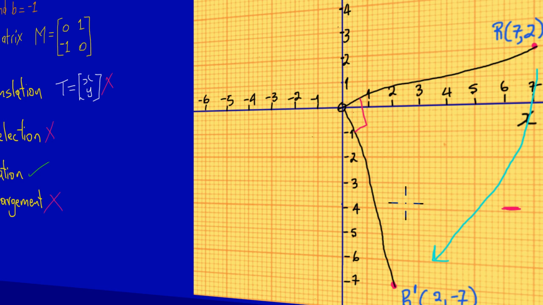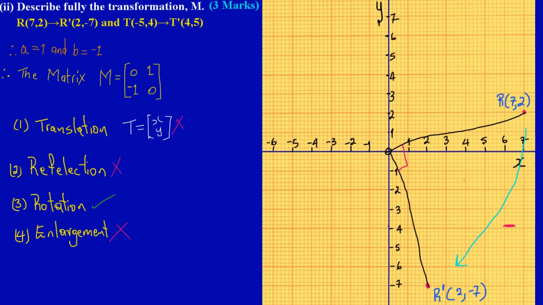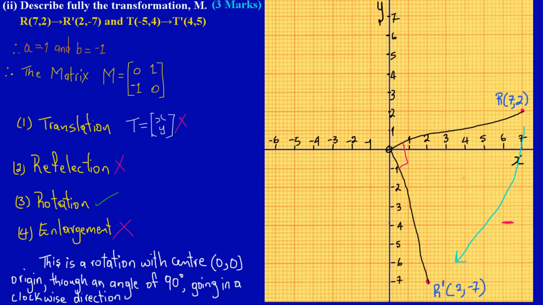All right, so there we have identified what type of transformation it is, so we are going to describe it now. I'm just going to pause the video a bit. Well, here we have described our transformation, and we have stated this is a rotation with center being 0, 0, the origin. And if you notice, here is my center, 0, 0, the origin.